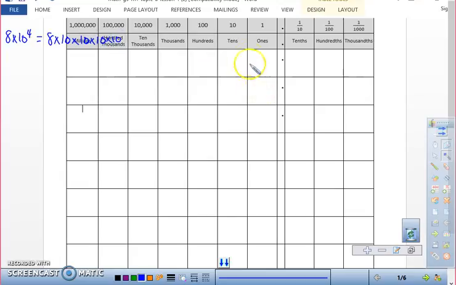So I am moving that 8 over 4 place values to the left. 1, 2, 3, 4, which would be the same as 80,000, which equals 80,000 up here too.